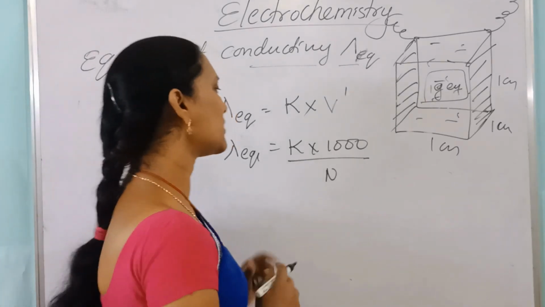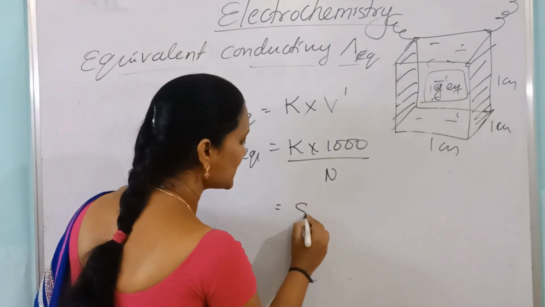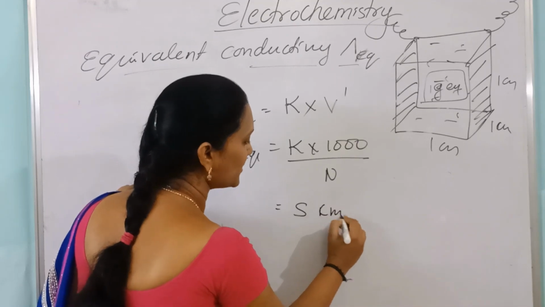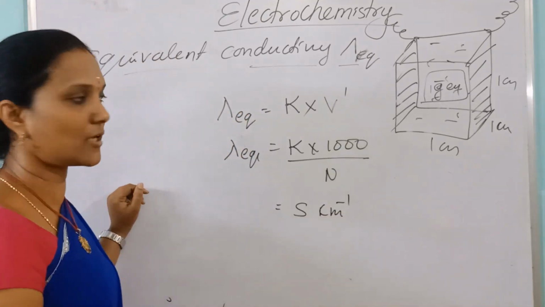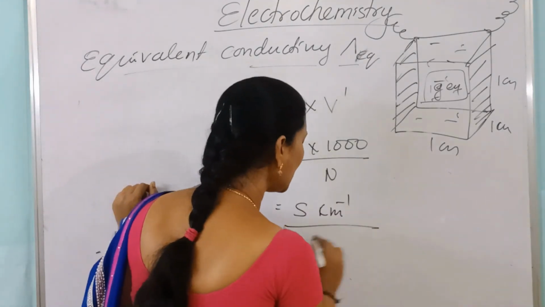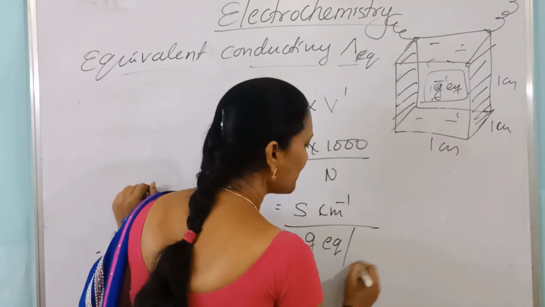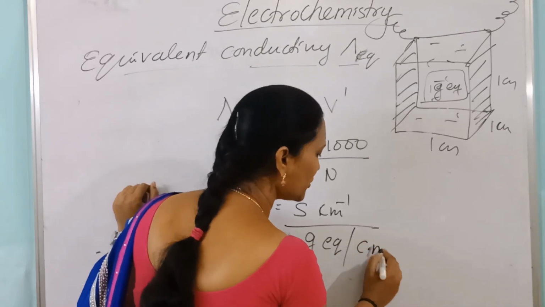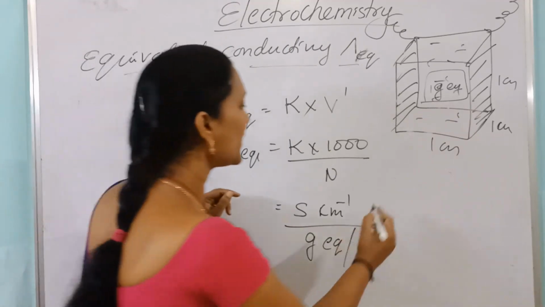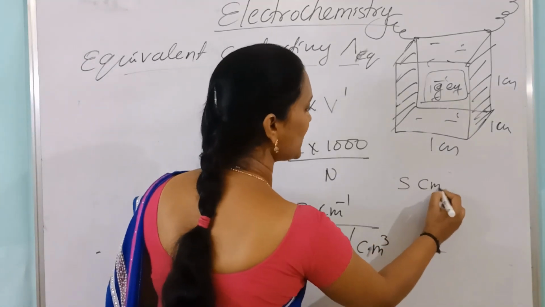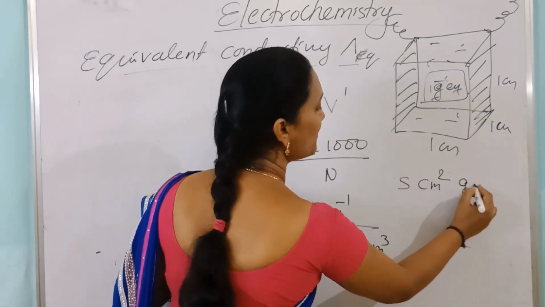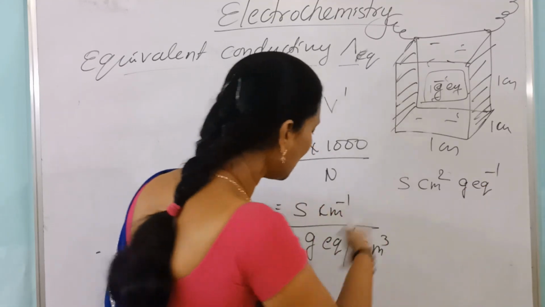Now, come to the units. What are the units? K units are Siemens centimeter inverse. And normality is gram equivalent per cc, nothing but centimeter cube. So what we are getting as units is Siemens centimeter square gram equivalent inverse, nothing but per gram equivalent.